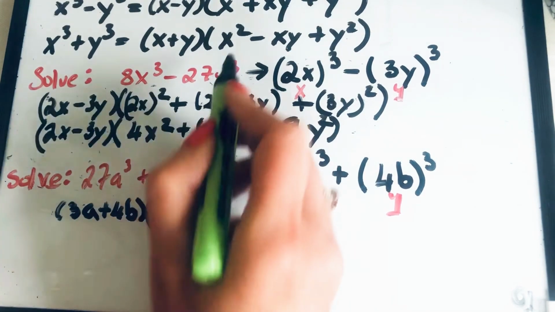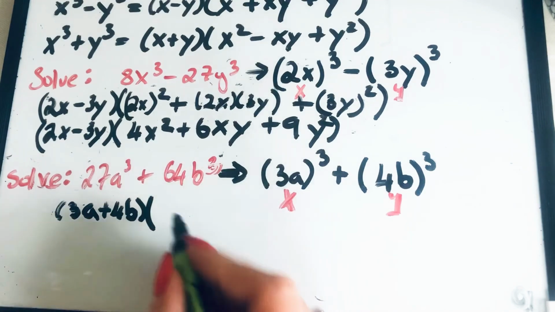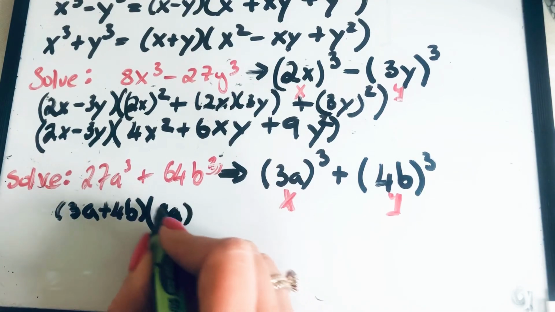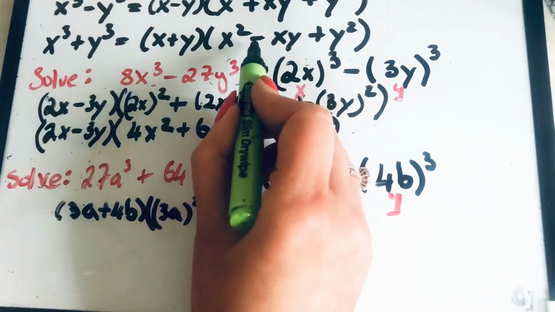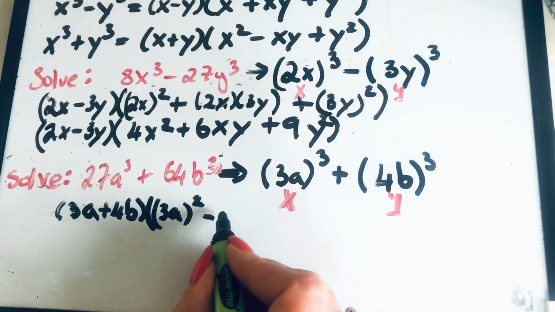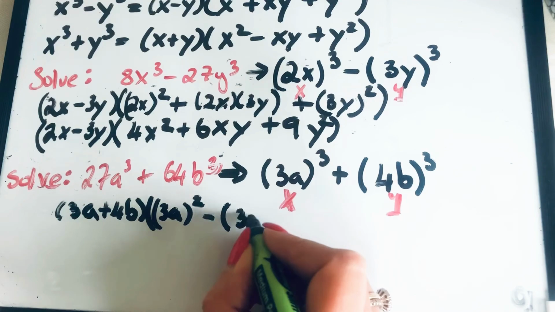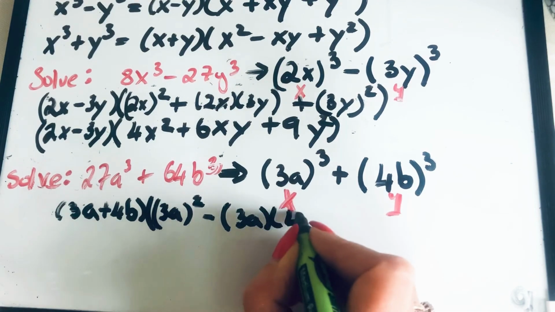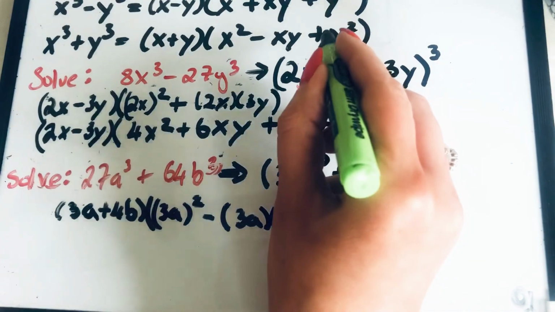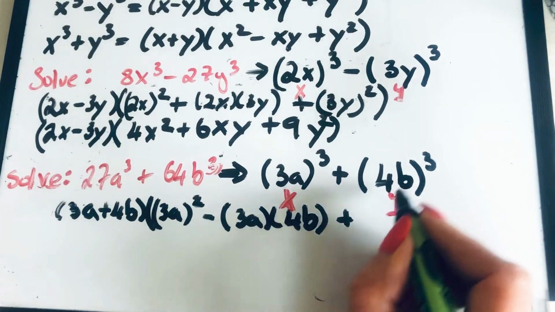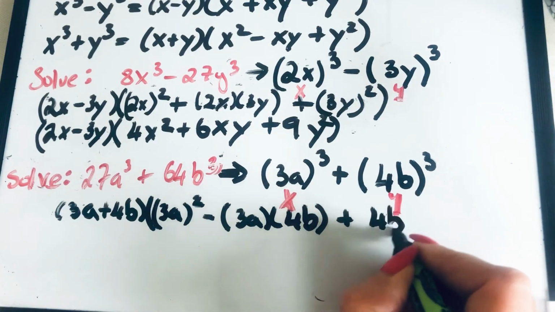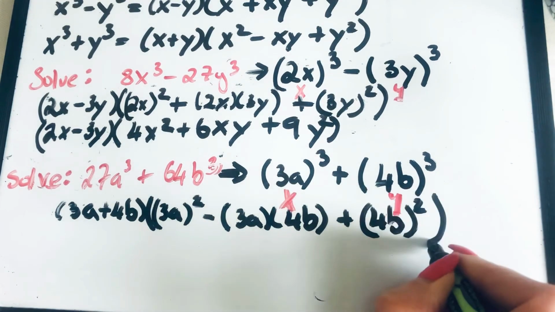Close our bracket. We've got x squared next, which is 3a to be squared. A negative sign by xy, which is 3a for the x, and the y is 4b. And then plus y squared, or y is 4b, so 4b all to be squared, and close the bracket.